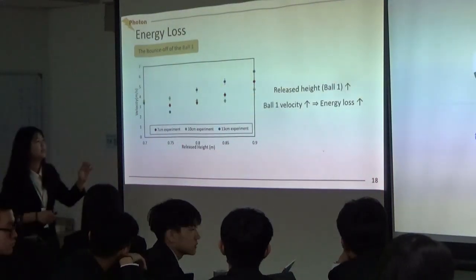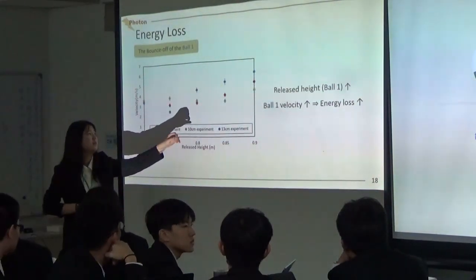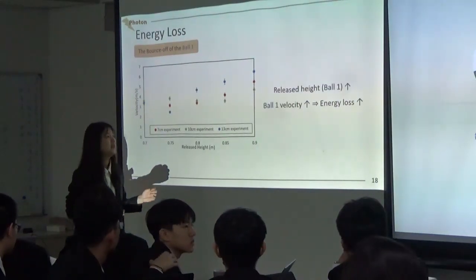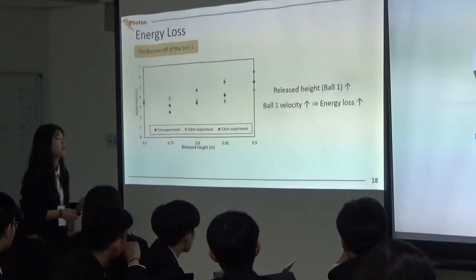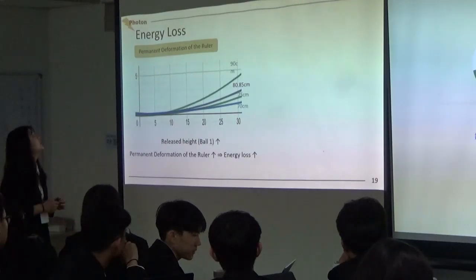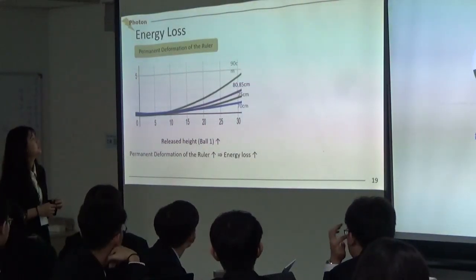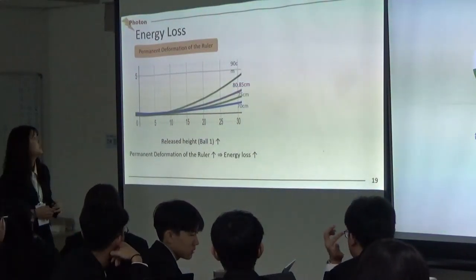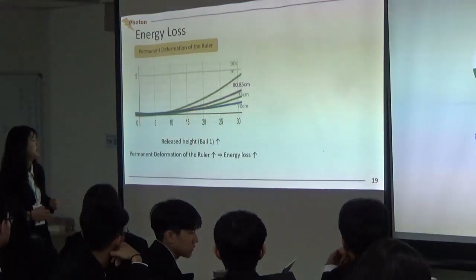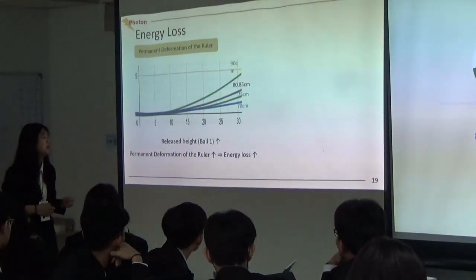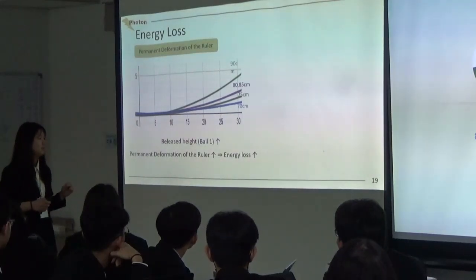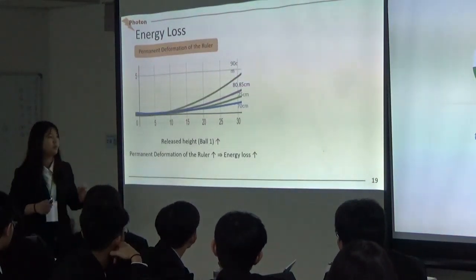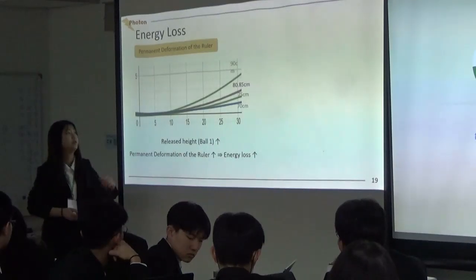We can know that when the release height of ball one increases, the ball one velocity will increase, and the energy loss will increase. And we consider the permanent deformation of the ruler. When the release height of ball one increases, the permanent deformation of the ruler will increase, and that will cause the energy loss to increase.